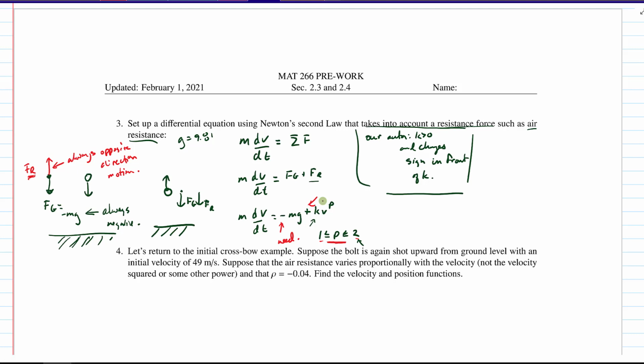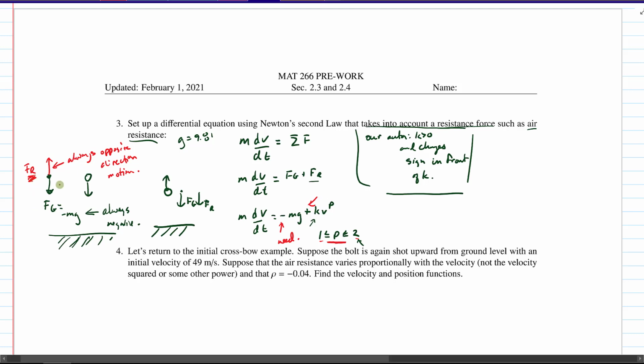Instead, I will adjust the sign on k in order to ensure that the resistance force, like we said here, is always opposite the direction of motion. And so that's where you've got to be a little bit careful here, folks. So, for example, notice that if I pick p equal to 2, then v squared is always positive, and I would just simply assign k to be opposite the direction of motion.